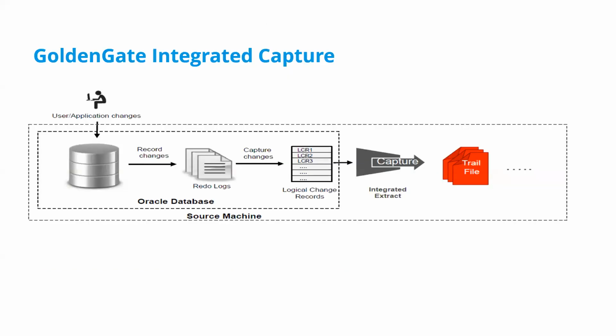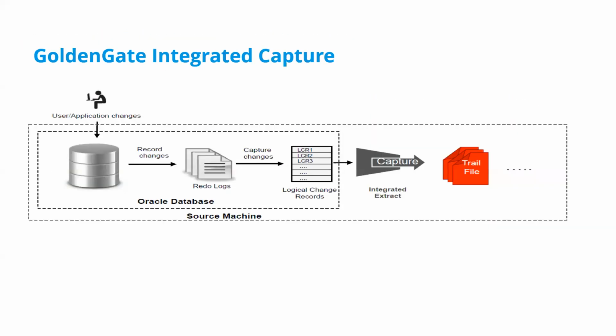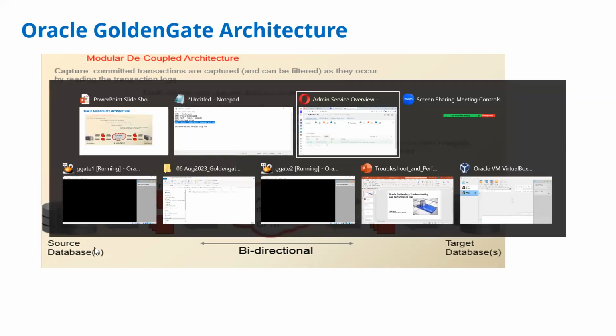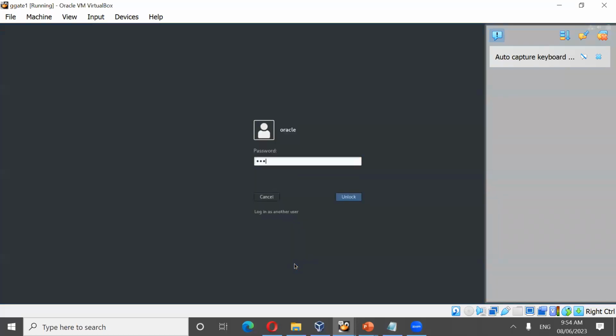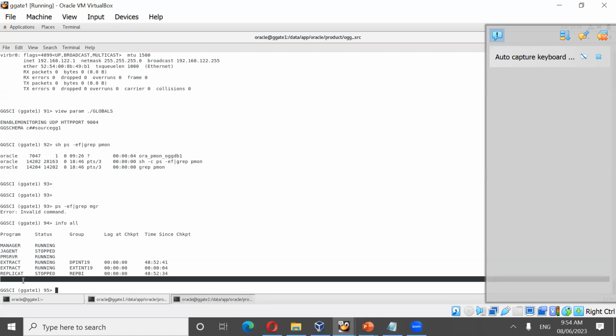Okay. So now GoldenGate microservices architecture. The classic architecture components include the extract processes, and there is one manager process as well. Let me show you. You get these virtual boxes with the training as well. The same virtual boxes which I am working on, you will also get for training.